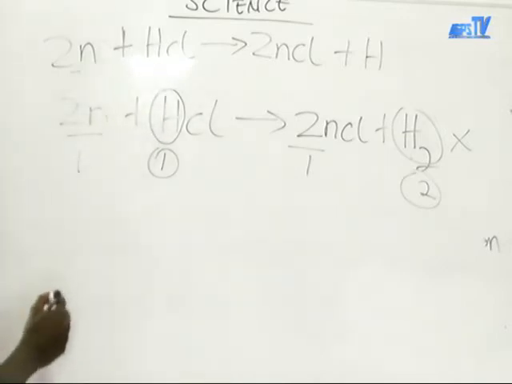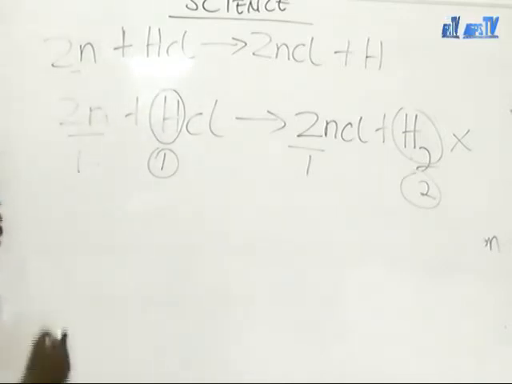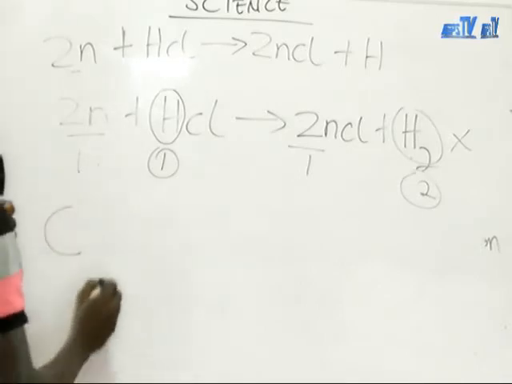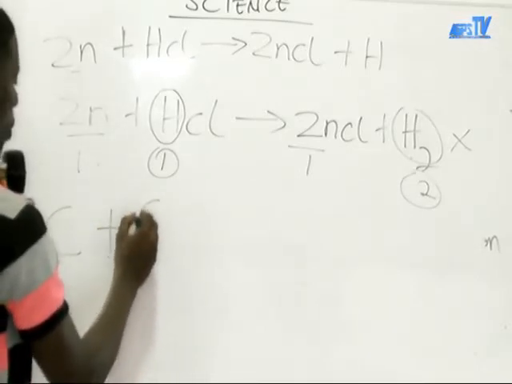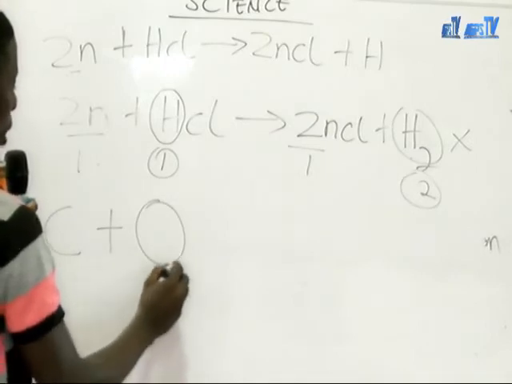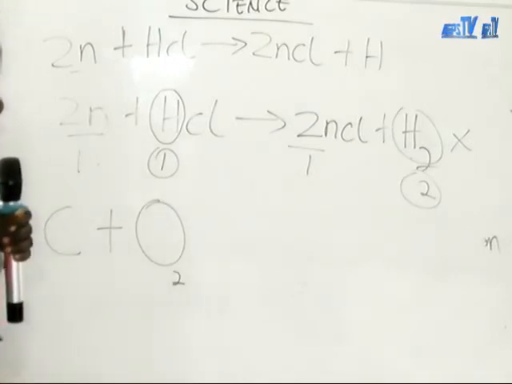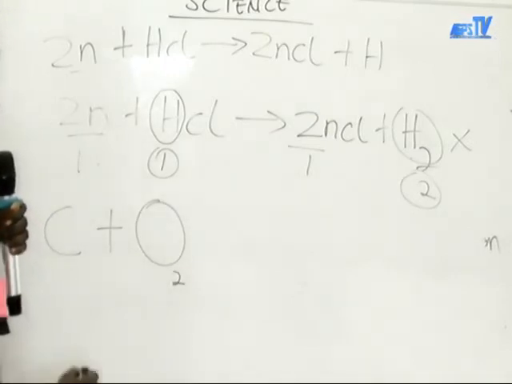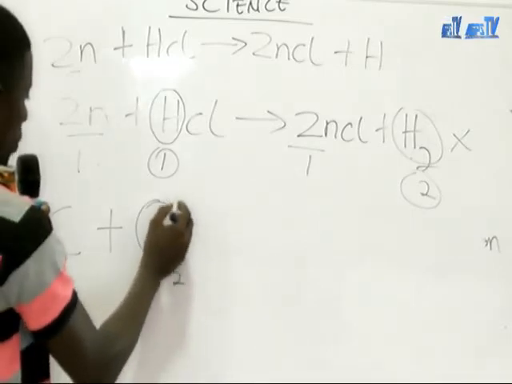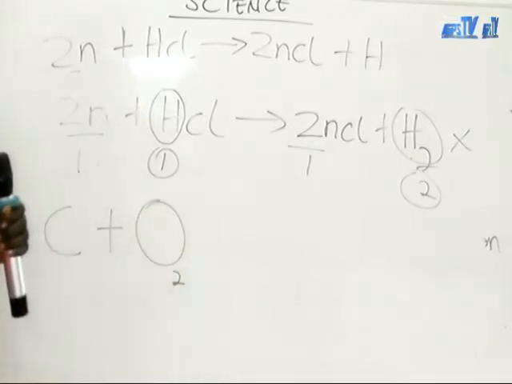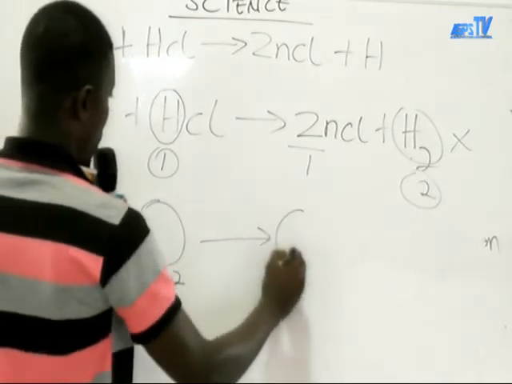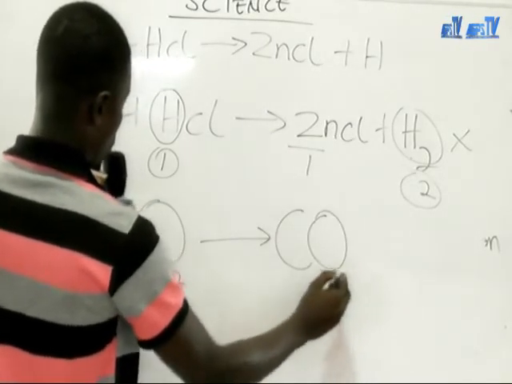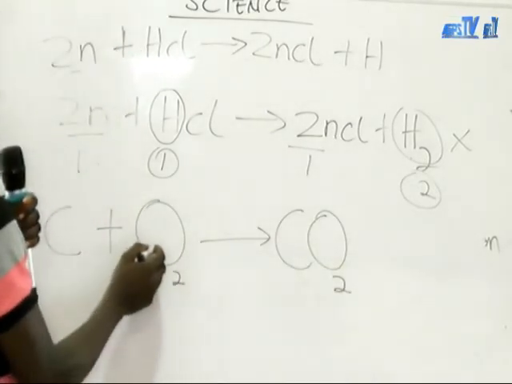We have carbon dioxide: C plus O2. We have O2 here, so if you combine these two, you get CO2.